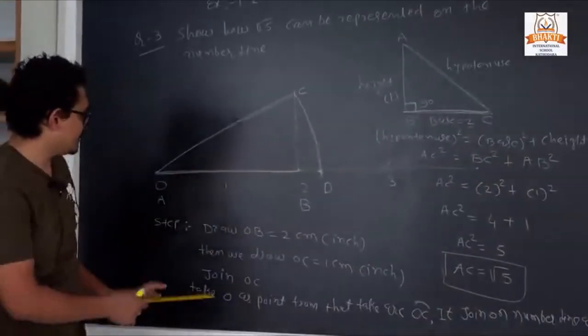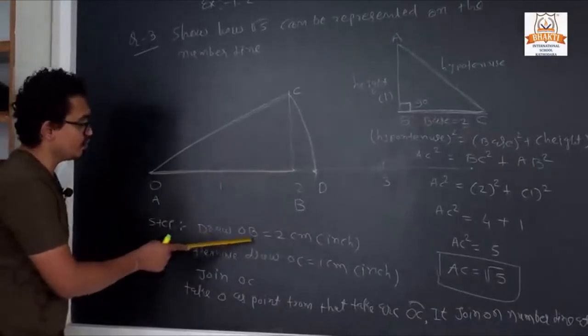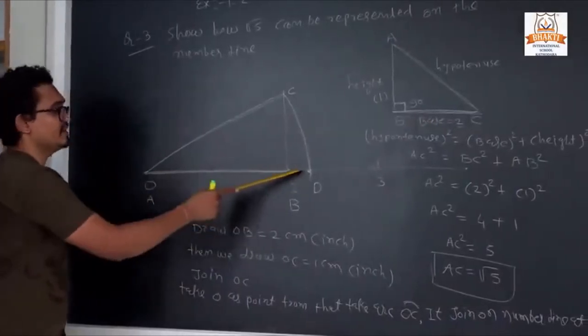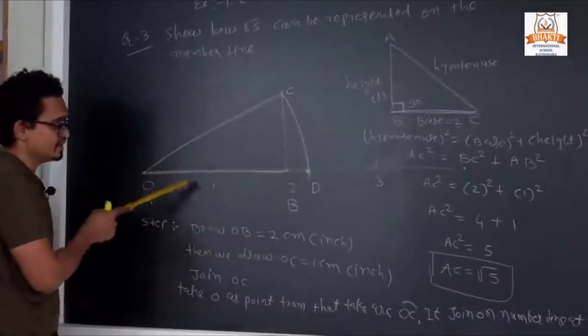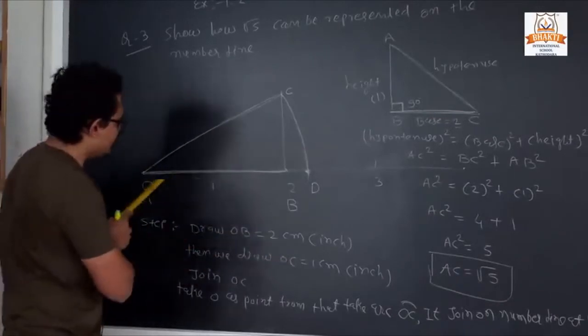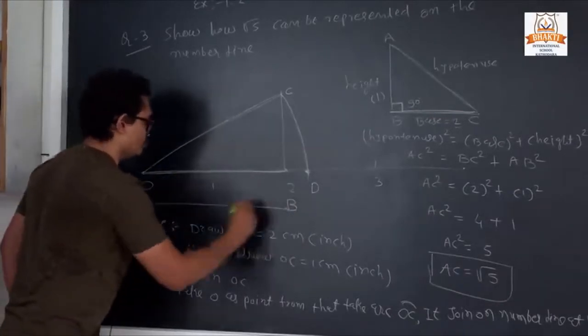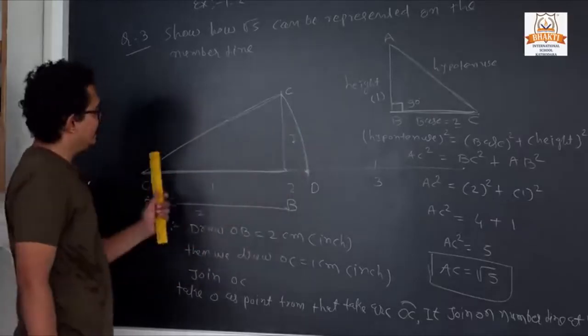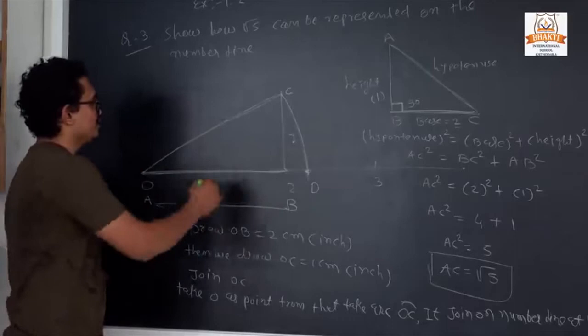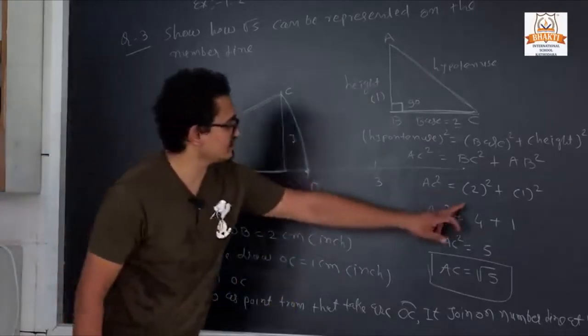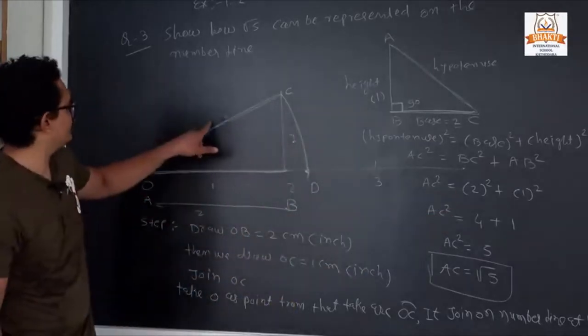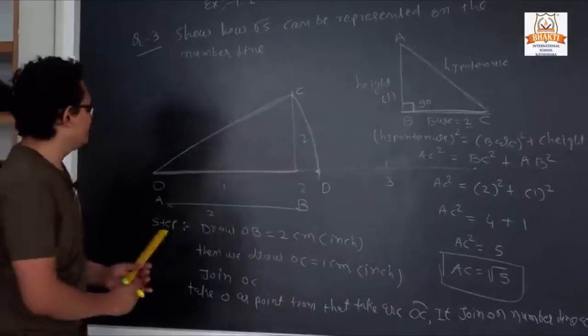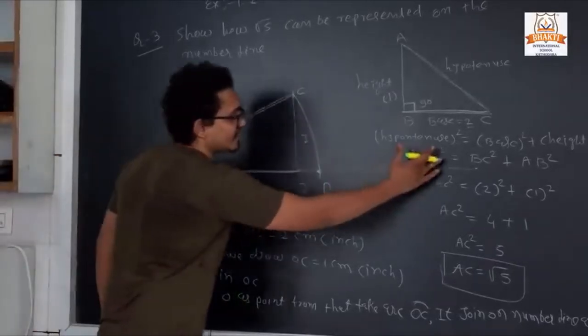First of all, once again we repeat. Draw the OB. So first of all, we draw that OB up to this. Then draw OC. So if it is 2, it will be 1. Then we can join these two. So according to the Pythagoras theorem, if we want to find the value of OC, we apply that theorem.